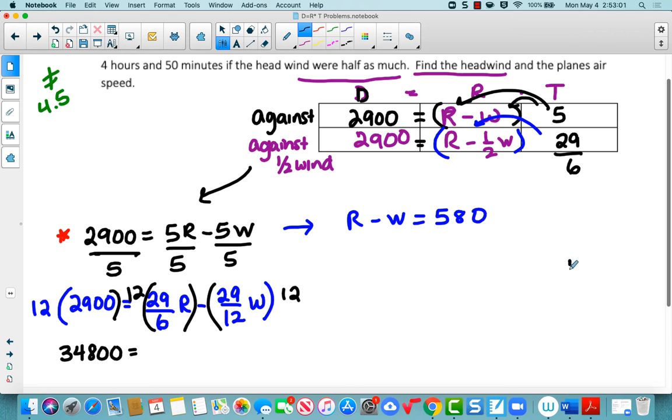So 29 over 6 times 12. 6 goes into 12 2 times, and then you multiply 2 times 29, which gives me 58R. Okay? All right, then on this last one, the 12s cancel, and I get 29W.